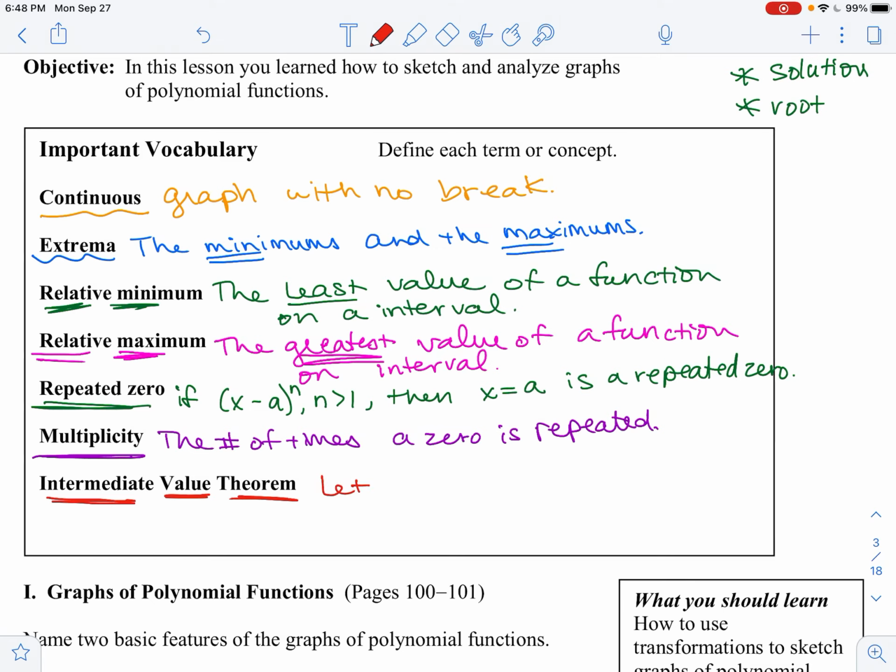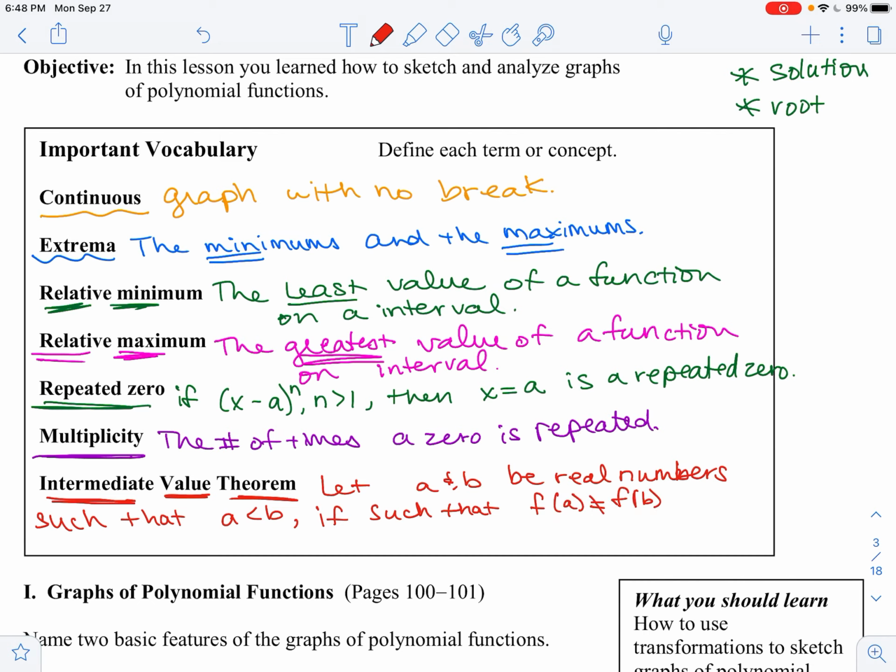It says let A and B be real numbers. So we're thinking, any two real numbers such that A is less than B. So think of two numbers where one is less than the other. Another condition is that the function of A is not equal to the function of B. So if I plug in these values of A and B, their y outputs are not the same.